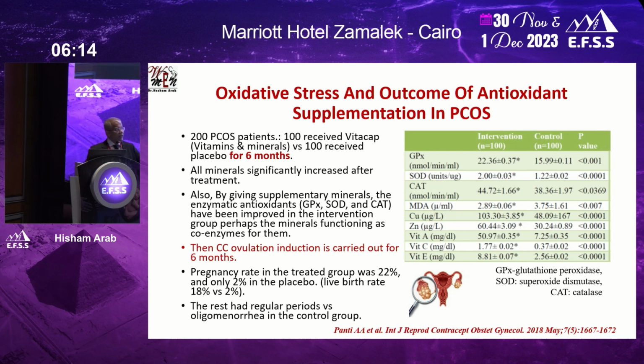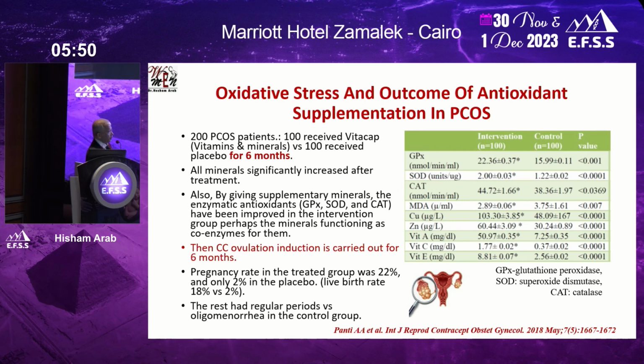And look here, they actually looked at the level of these antioxidants, vitamins E, C, A, and zinc, selenium. And you can see before treatment and after treatment, there is an increase in the amount of those elements. So that's number one. Number two, also our endogenous antioxidants. What are they?